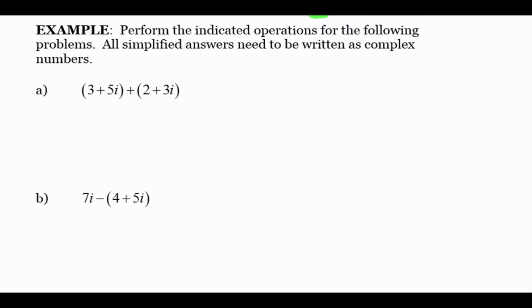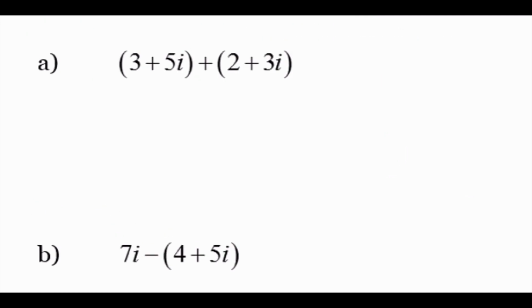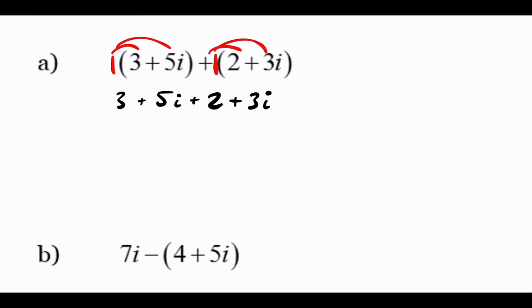What do I distribute to get rid of the parentheses? Isn't there ones in front of the parentheses? We just distribute whatever's in front of the parentheses. Distribute the 1 to get rid of the parentheses. And then what do you think I'm going to do? Combine like terms. Yep, that's it.